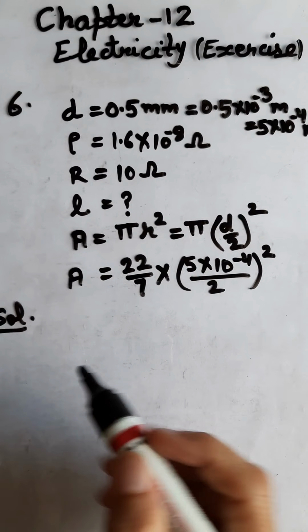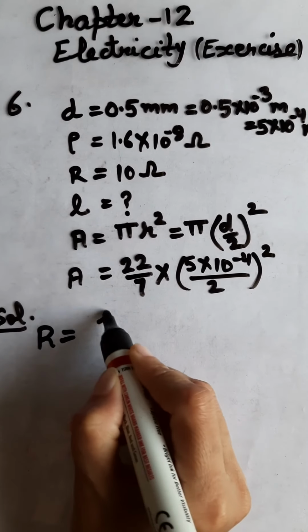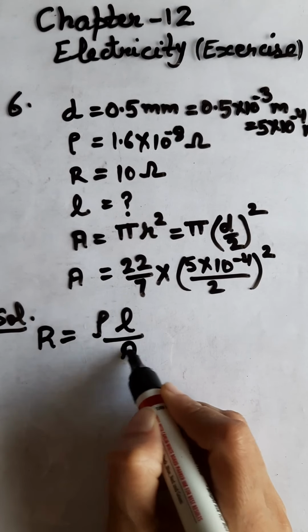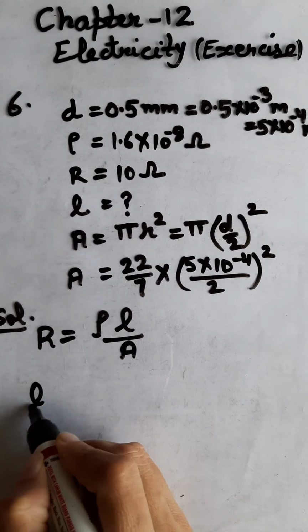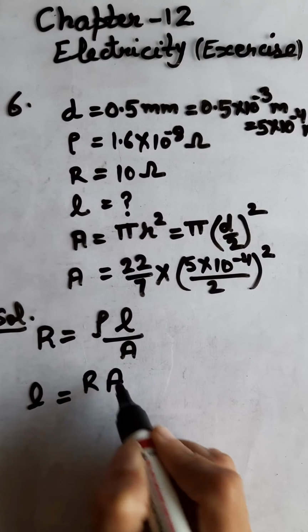Now we will put the values in the formula. The formula is R equals rho L by A. We have to find L, therefore L is equal to R A by rho.